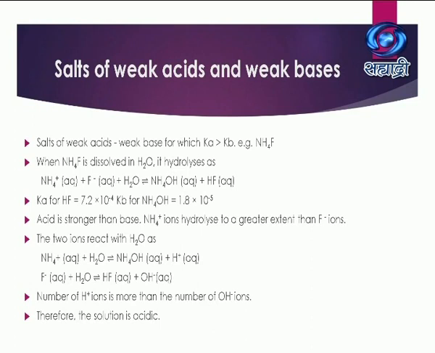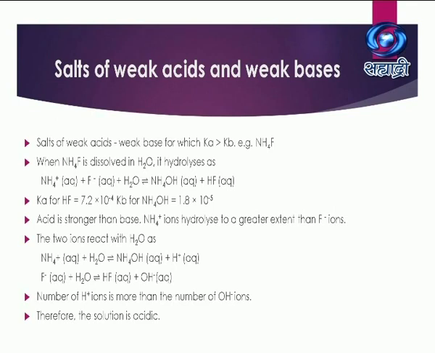The acid is hydrogen fluoride, that is HF. So Ka for HF is 7.2 into 10 raised to minus 4. Now compare the two values. 10 raised to minus 4 is greater than 10 raised to minus 5. That means Ka is greater than Kb. The dissociation constant of the acid is greater than the dissociation constant of the base.